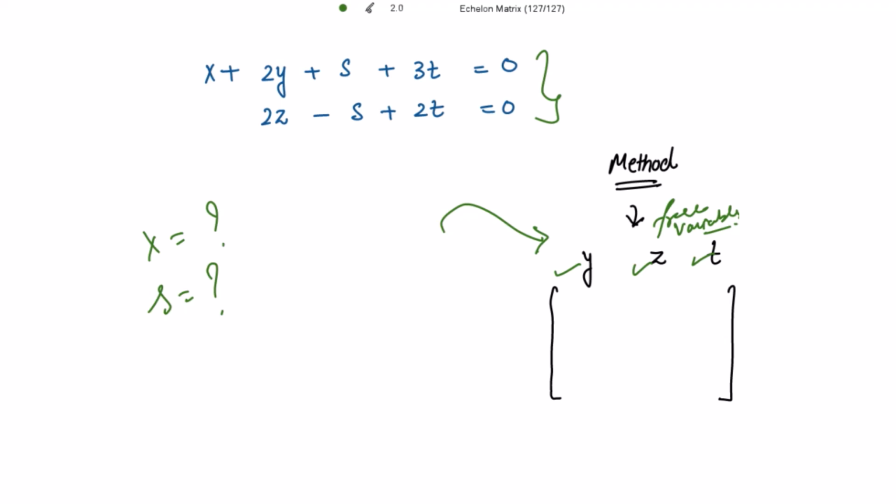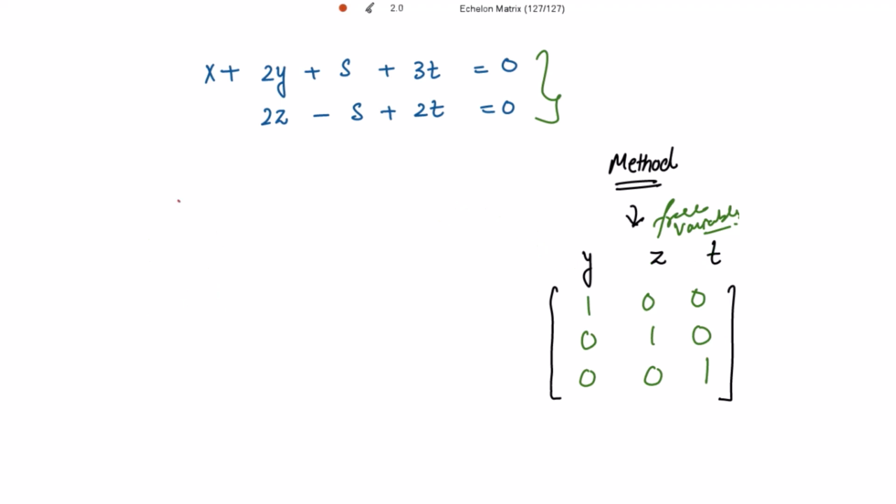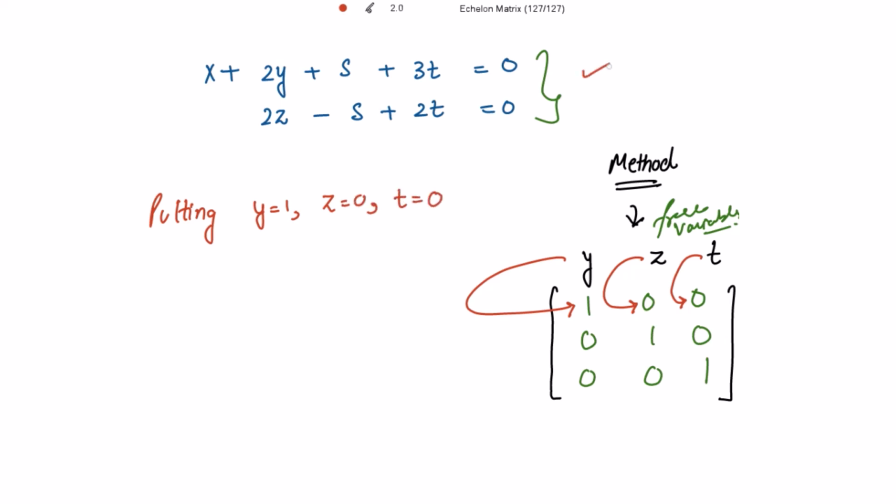Just learn this format: 1, 0, 0 and then 0, 1, 0 and then 0, 0, 1. The identity matrix. Which means we are giving the value 1 to y and the value 0 to z and the value 0 to t. So putting y equal to 1, z equal to 0 and t equal to 0 in these equations to get the values of x and s.